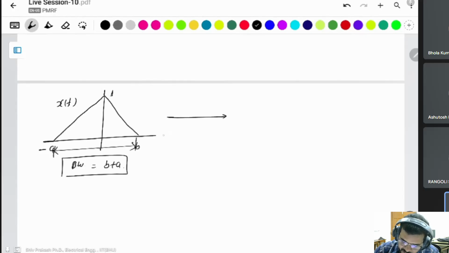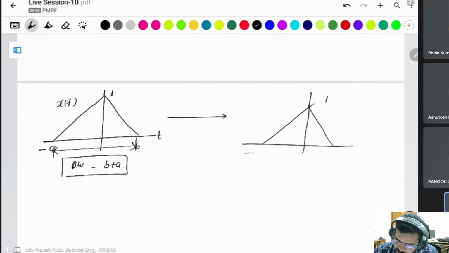Same thing we convert into frequency domain. Suppose there is a frequency domain signal with corner frequency omega n, the bandwidth in frequency domain is only the positive frequency considered, but in time domain it will be both positive and negative, the total span of the entire time axis of the system.